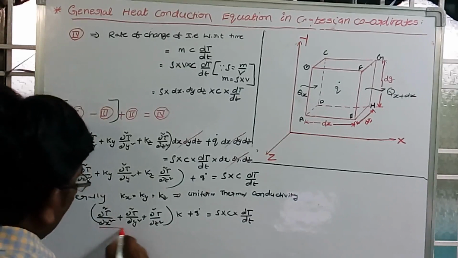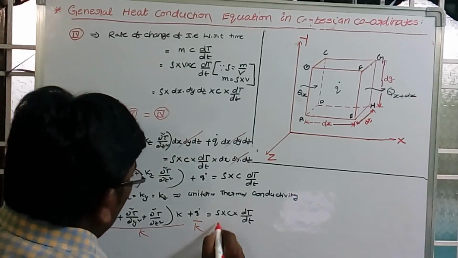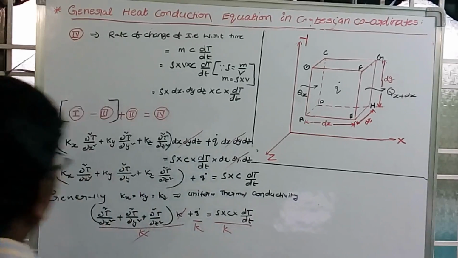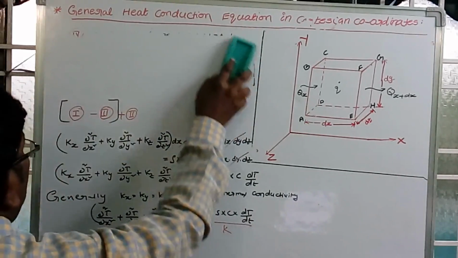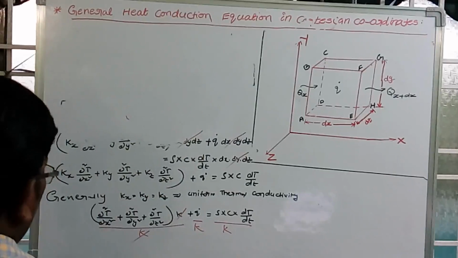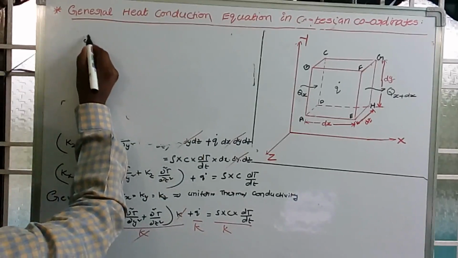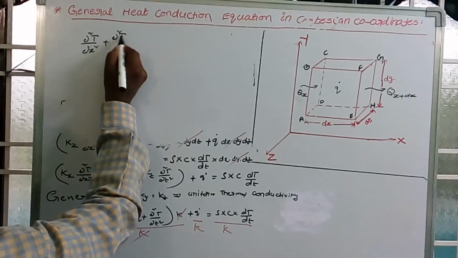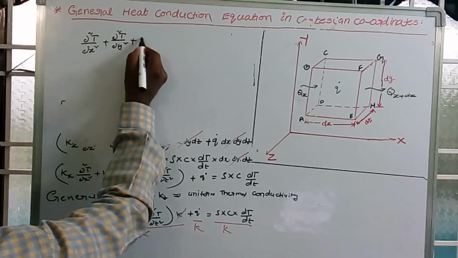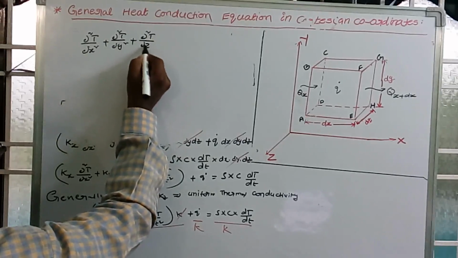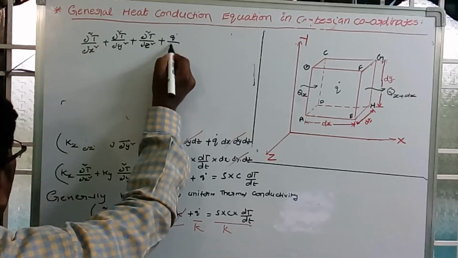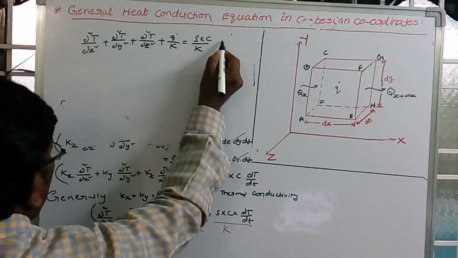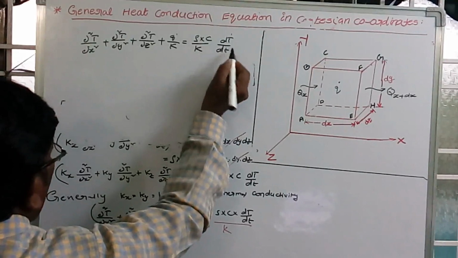Dividing both sides by k, this k cancels. So the final equation is dou square T by dou x square plus dou square T by dou y square plus dou square T by dou z square plus q star by k is equal to rho into c by k into dT by dt.